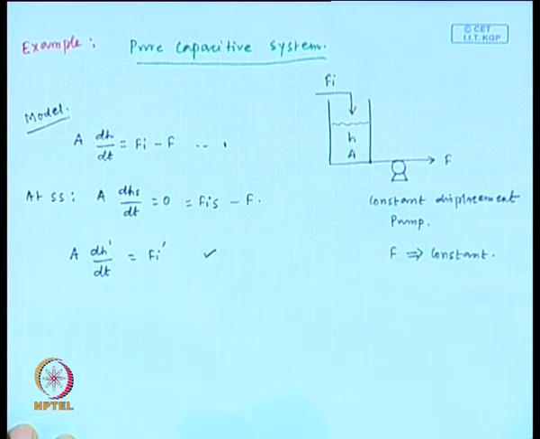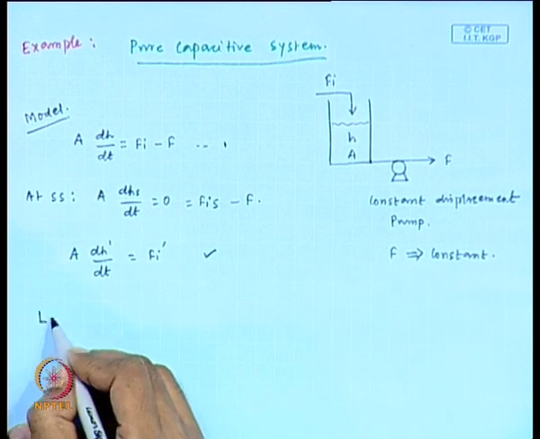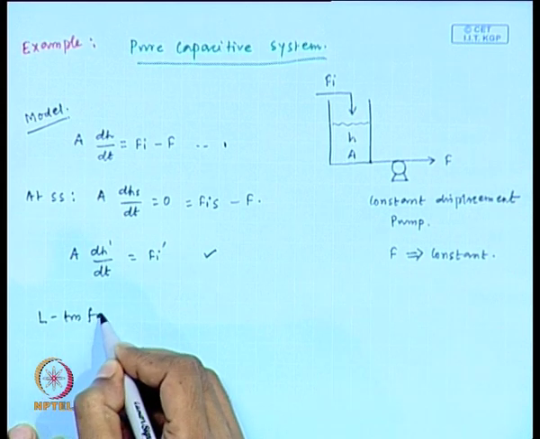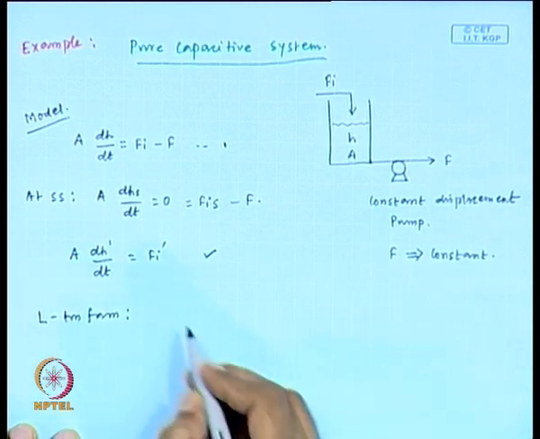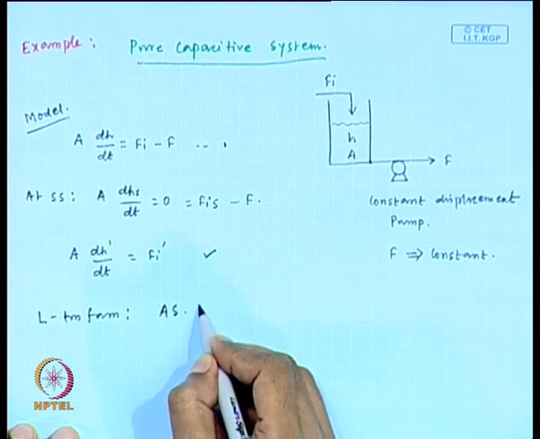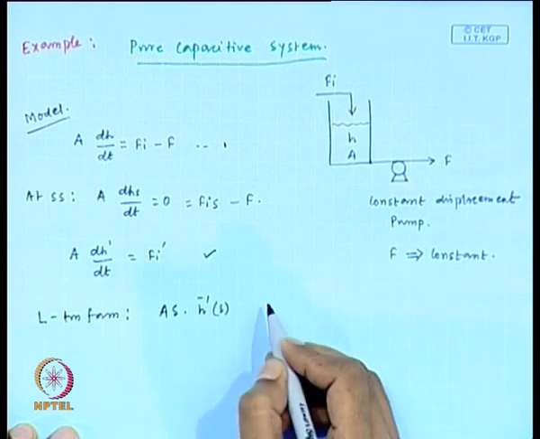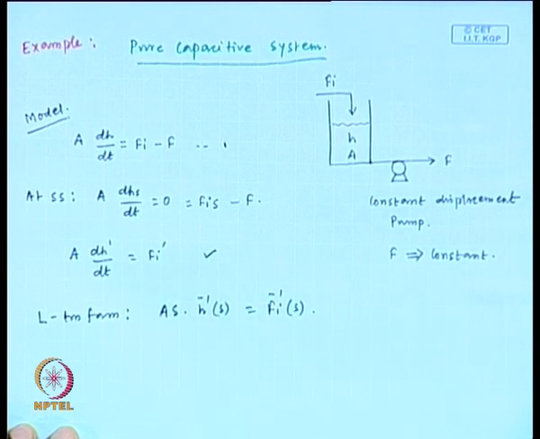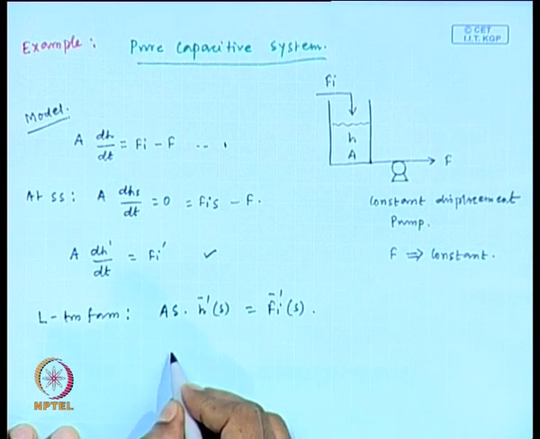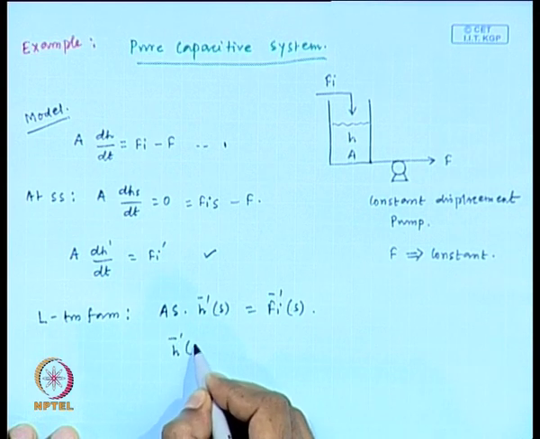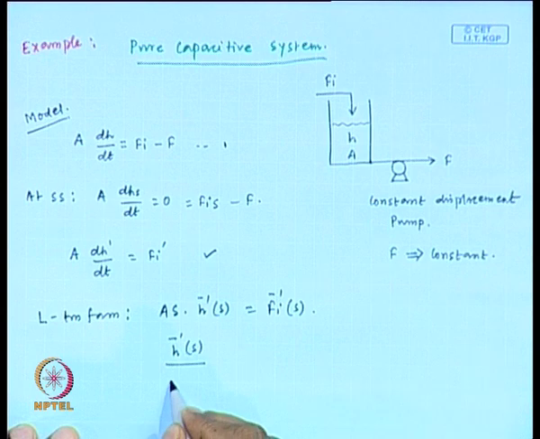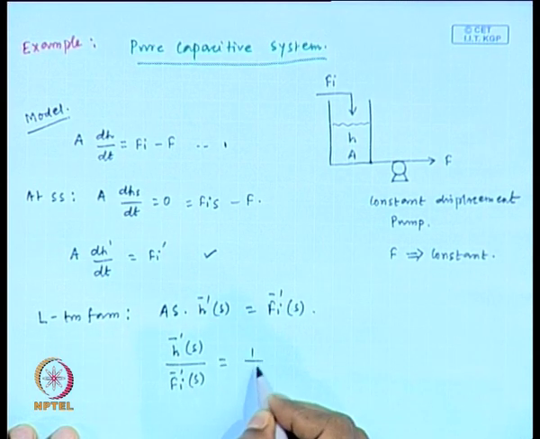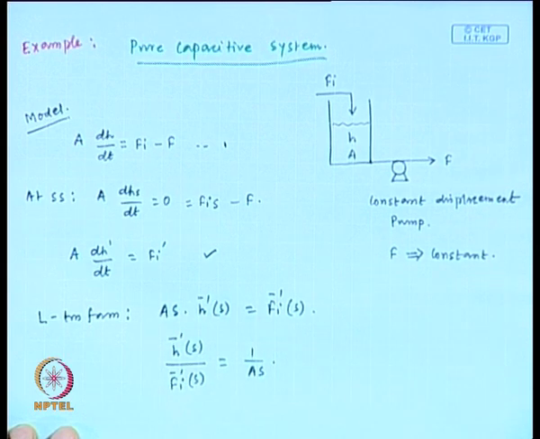Now, what will be the transfer function of this? If we take Laplace transform again, A s h bar prime s equals this. So, h bar prime s divided by F(i) bar prime s equals 1 divided by A s.